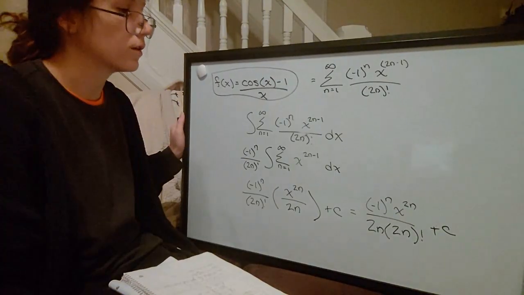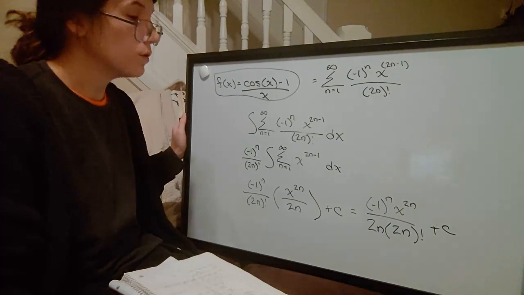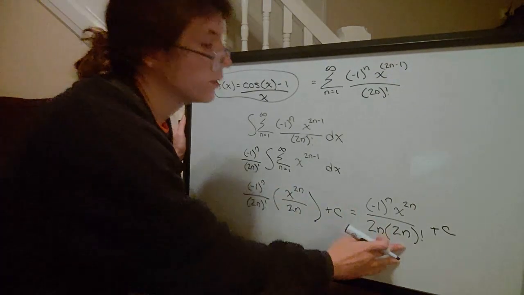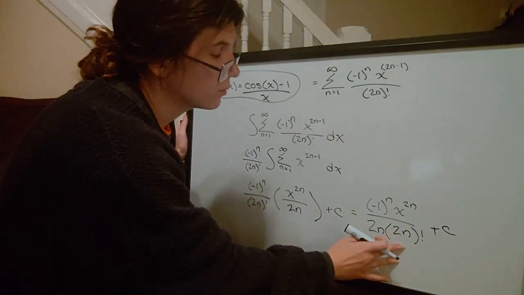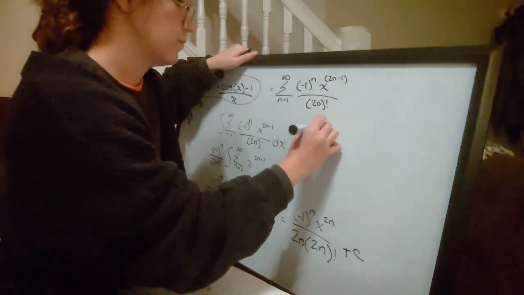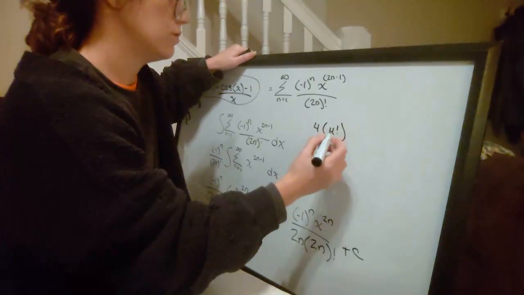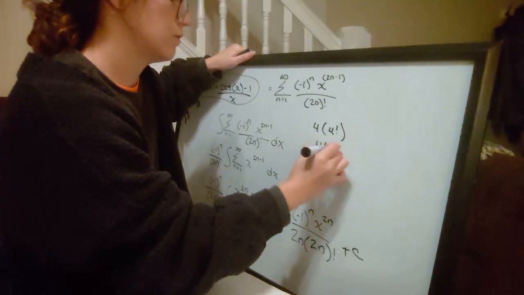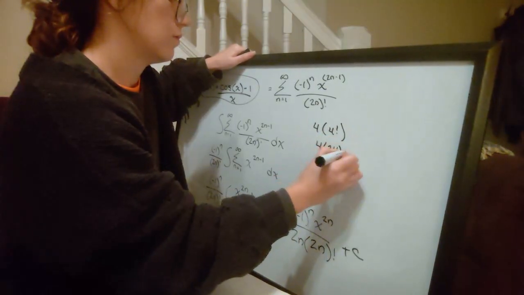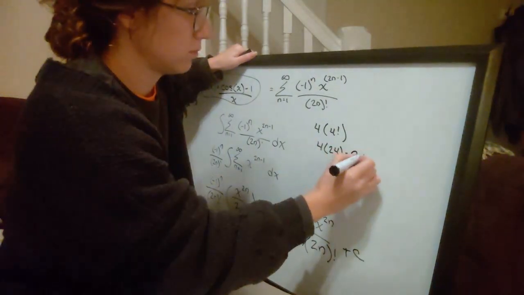I'm trying to think, because if we plugged in, let's say, 2, that would be 4 times 3 times 2, so that's 24 times 4, 96.